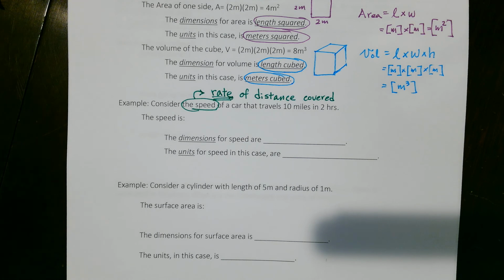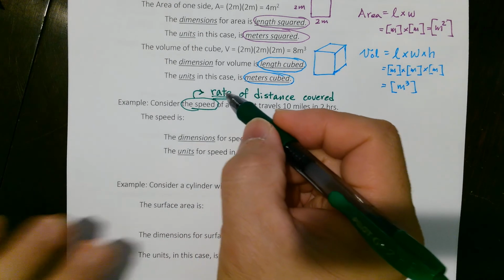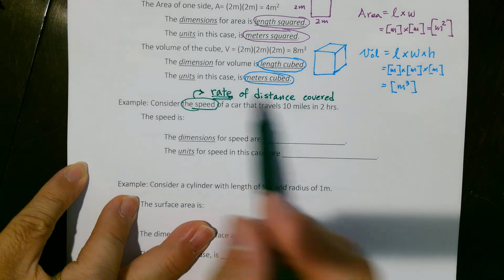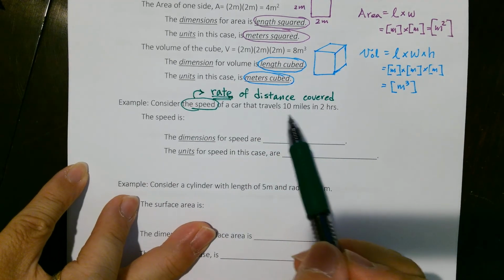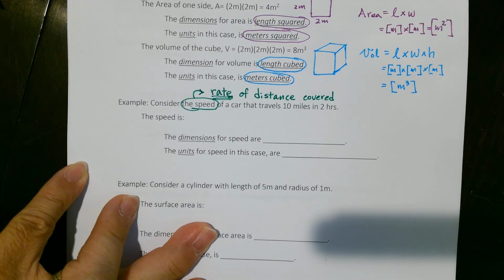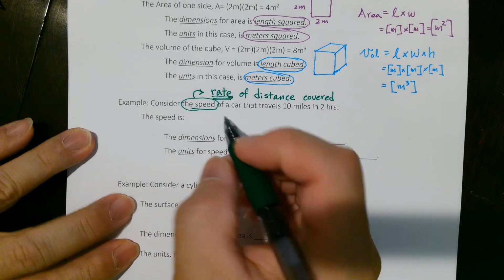Now, this babysitter gave me his or her rate, right? The rate of $10 per hour. So the rate means unit per unit of time. So there has to be a time factor involved in the word rate. So rate of distance covered means how much distance per unit of time. So speed is exactly that, okay?